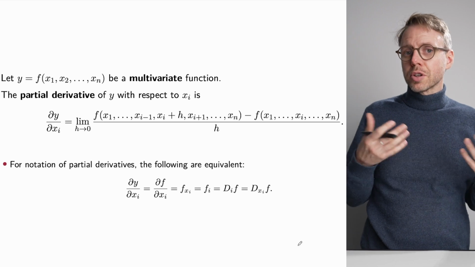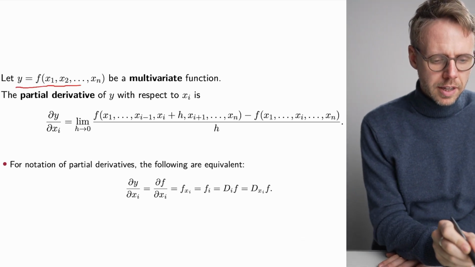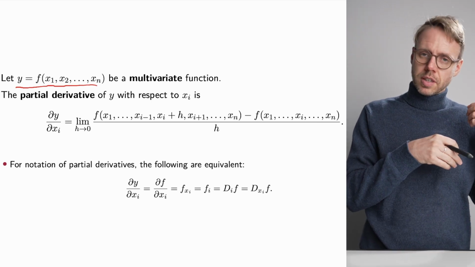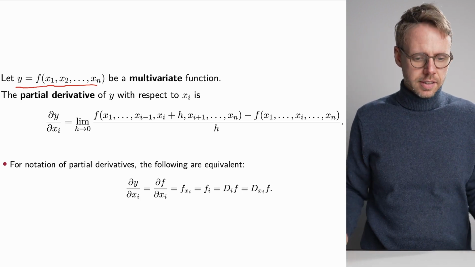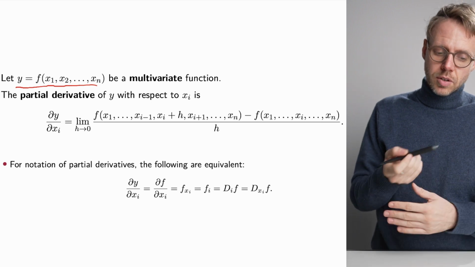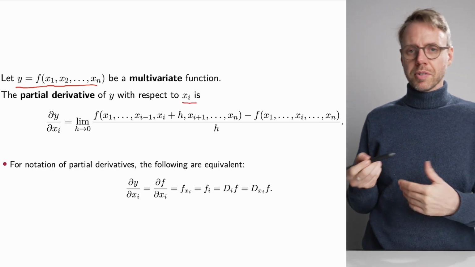So we're starting out by saying that we have a multivariate function where y is the function of not just a single parameter x, but n of these, x1 through xn. Then we said that for any xi, we can build the partial derivative.